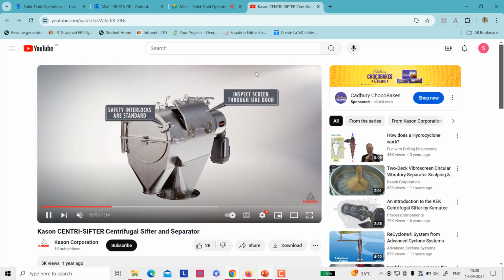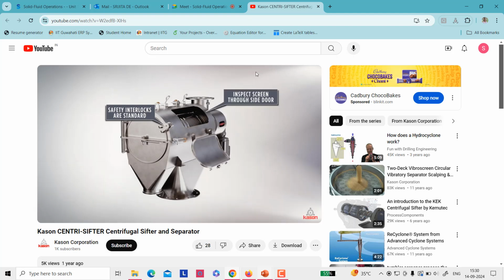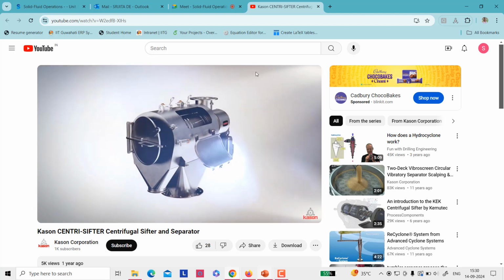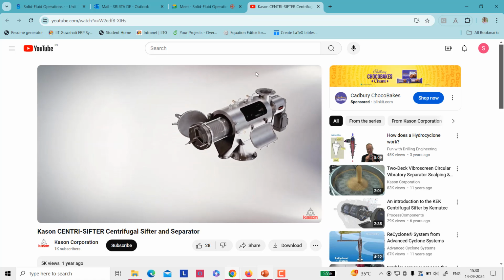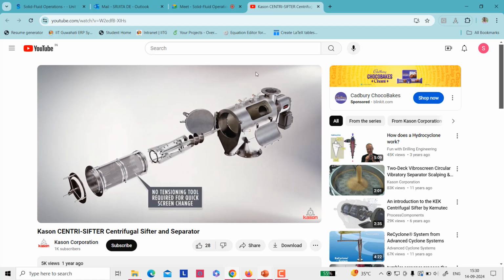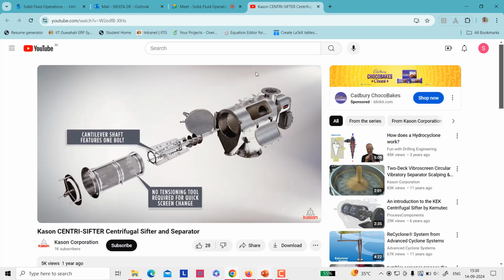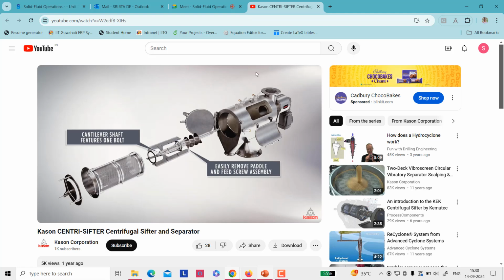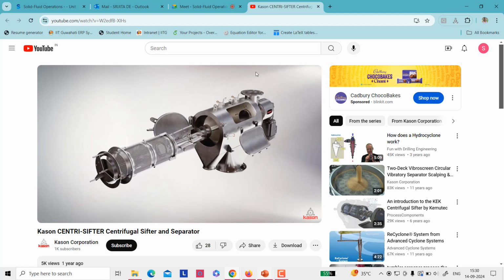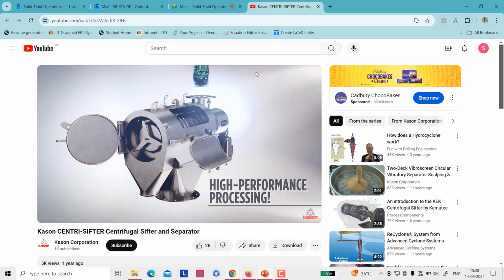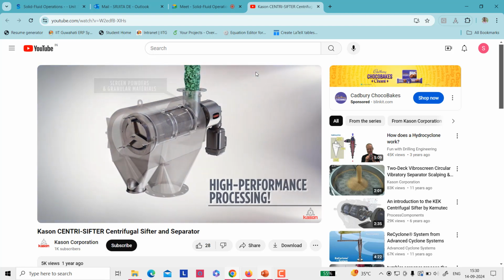These are the safety interlocks. Here the meshes are set up in a vertical direction, and with these helical paddles the materials are separated.